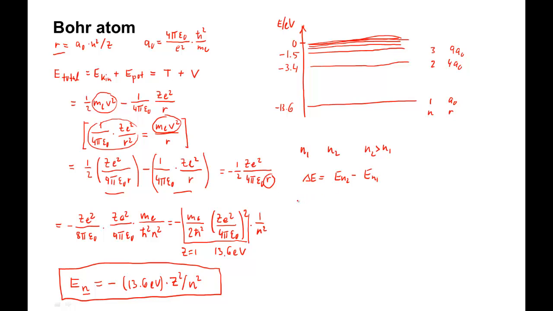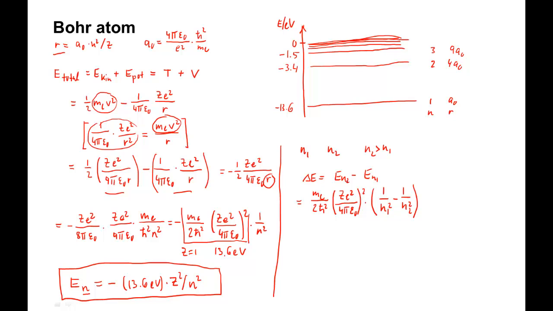And it is me over 2 h bar squared times (Z e squared over 4 pi epsilon 0) squared times 1 over n1 squared minus 1 over n2 squared.